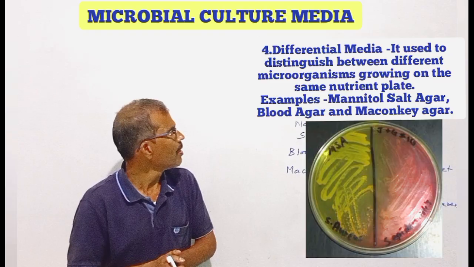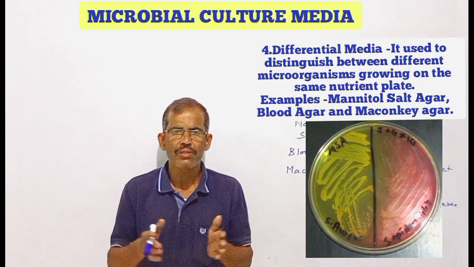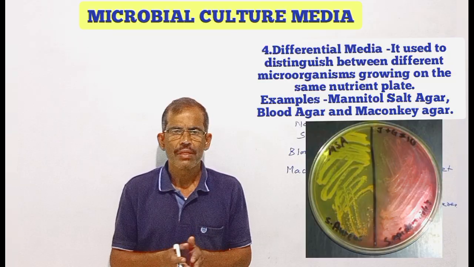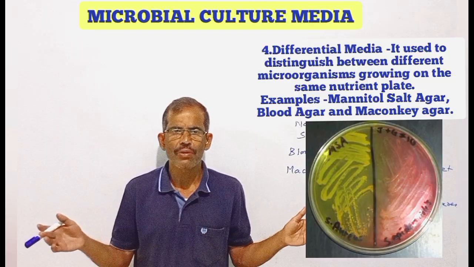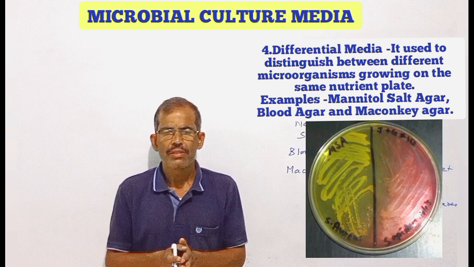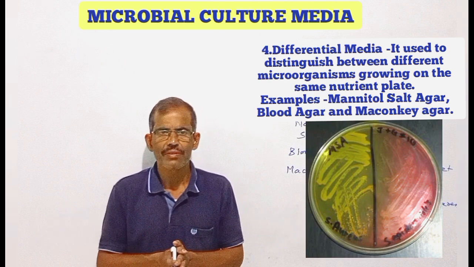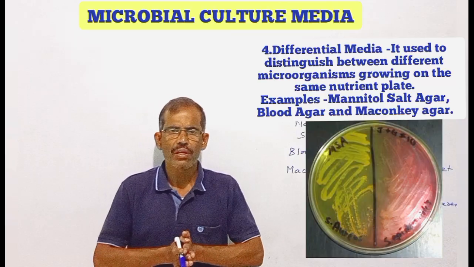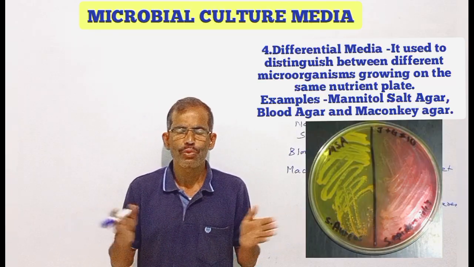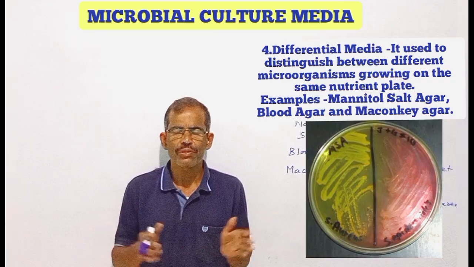One example is mannitol salt agar, which contains high salt concentration that prevents the growth of microorganisms which are non-halotolerant. This medium contains phenol red as the indicator. Mannitol salt agar is particularly useful for the isolation of Staphylococcus aureus.